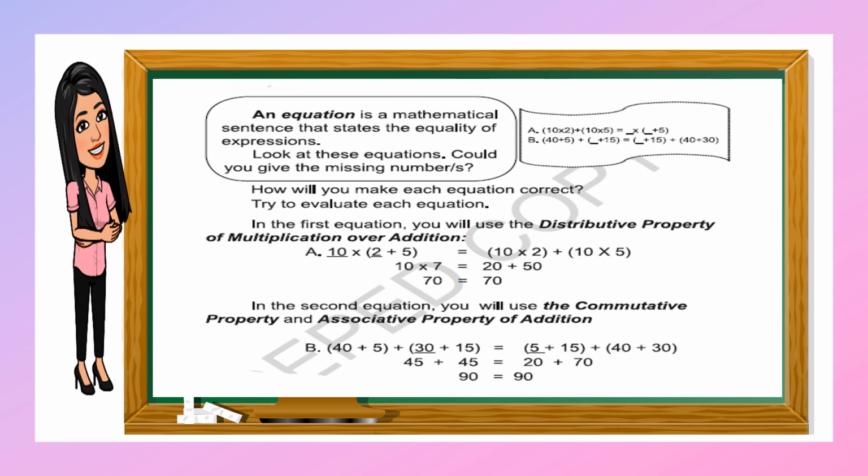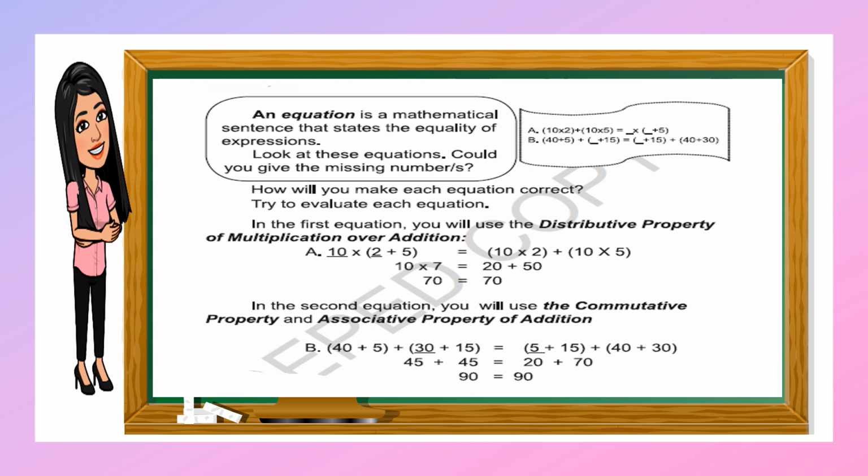An equation is a mathematical sentence that states the equality of expressions. Look at these equations. Could you give the missing numbers? Letter A: 10 times 2 plus 10 times 5 equals, we have 2 blanks here, plus 5.